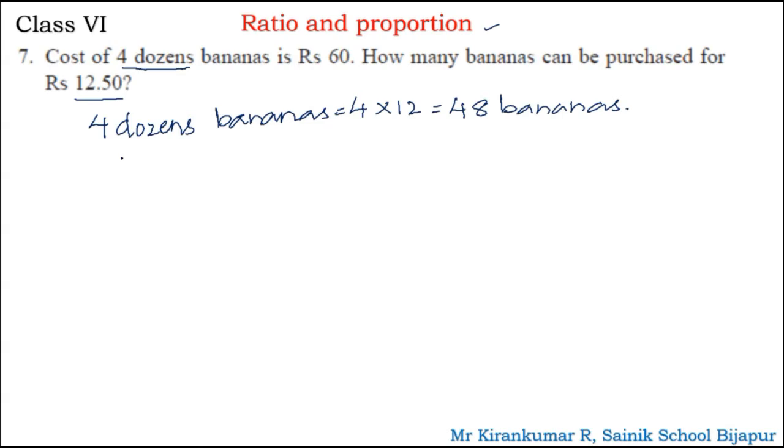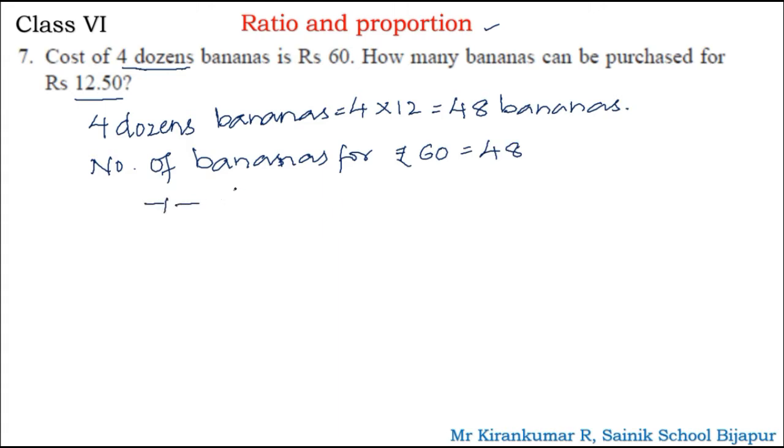So for rupees 1, how many bananas can be purchased? Since it's a unitary method, we are following this. Number of bananas for rupees 60 is 48.